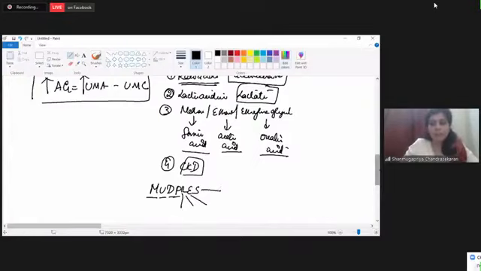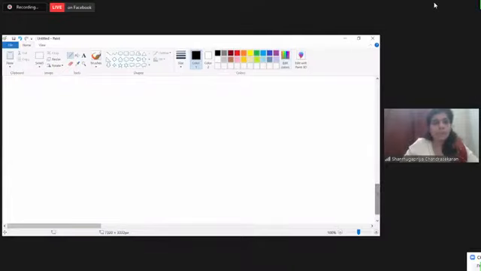Now, what if the metabolic acidosis is caused by loss of bicarbonate? I said bicarbonate can be lost either through the GIT or through the kidney. In either case, whenever your system loses bicarbonate, your system reclaims chloride, another anion.